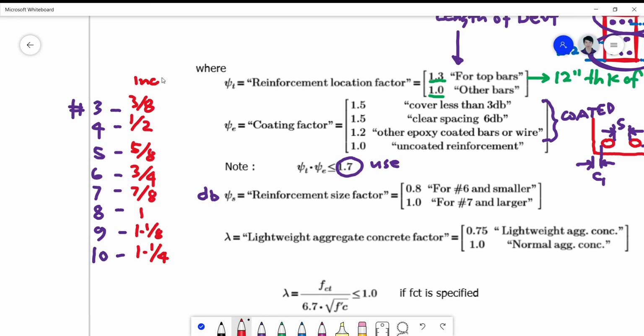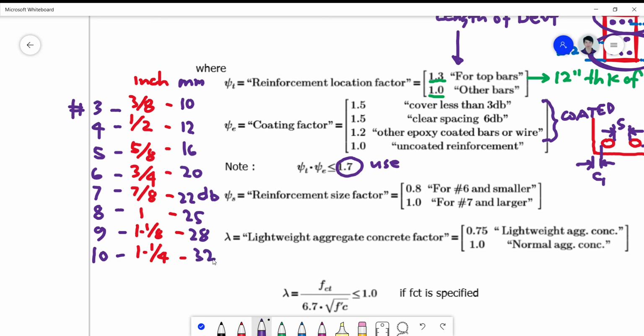So you just convert this to millimeter approximately. Soft conversion will give you number 3 as 10 mm. So this is in millimeter: 10, 12, 16, 20, 22, 25, 28, and 32.